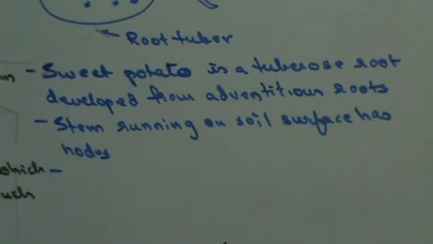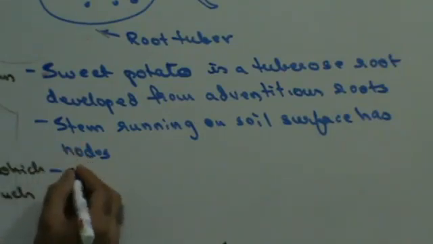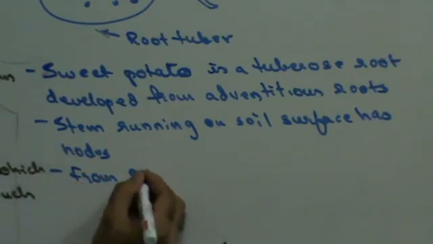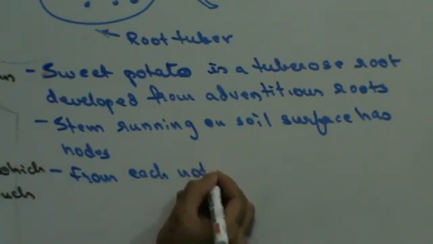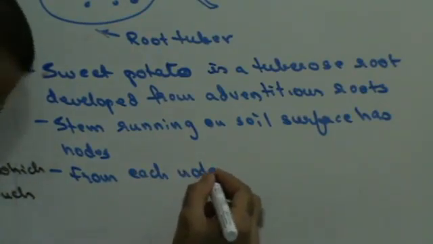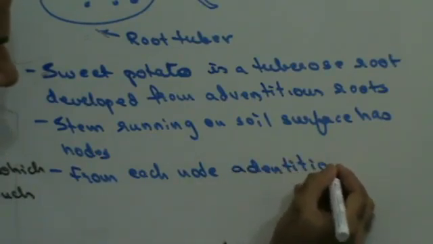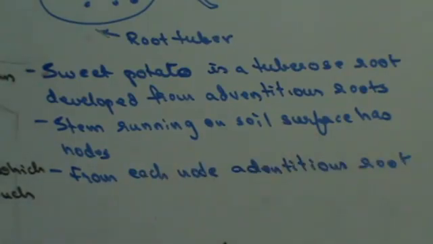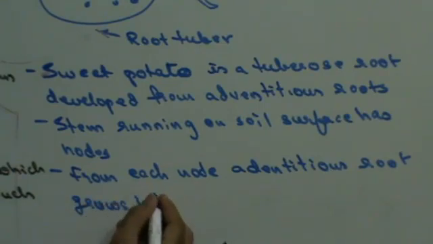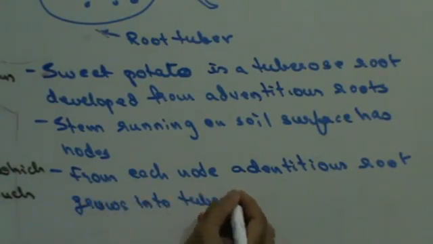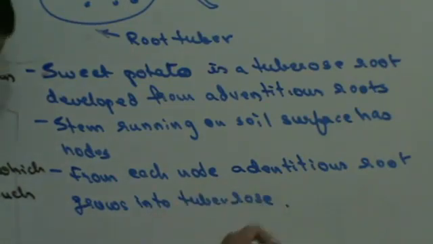From each node an adventitious root develops or grows into tuberose root. So each node would develop a root, right?